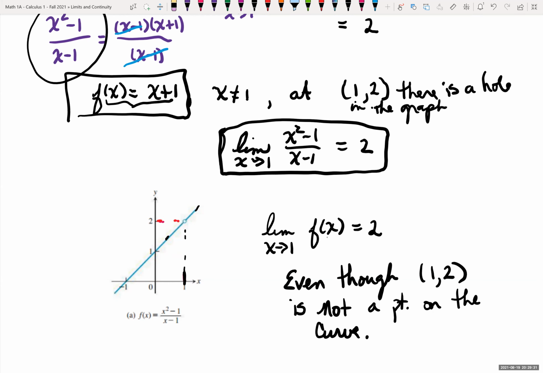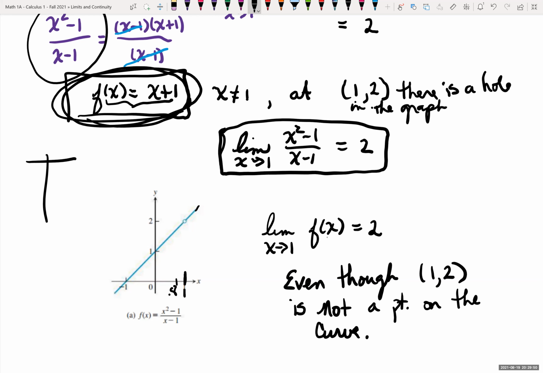So let me talk about it again really quickly because this is a big concept and sometimes students get confused with this. So at x equals 1, I could choose a value of 0.8. If I plugged 0.8 into my function, I would get back 1.8.